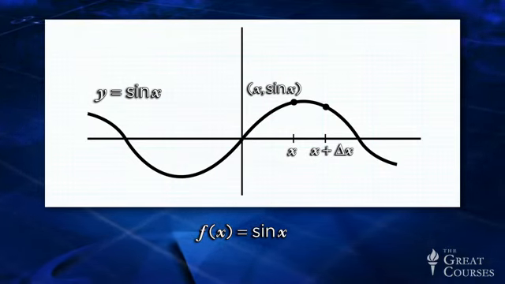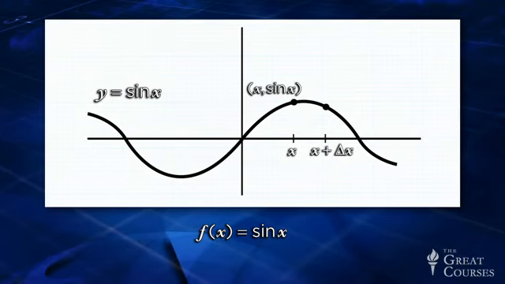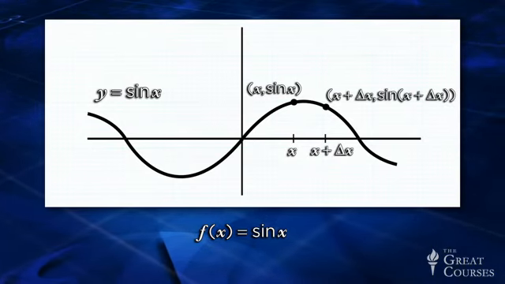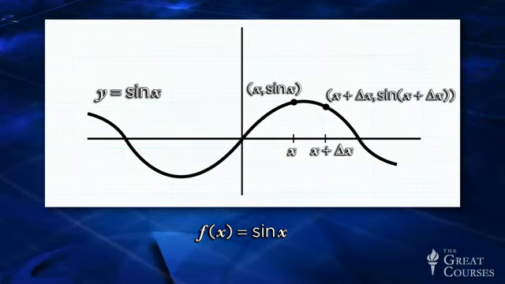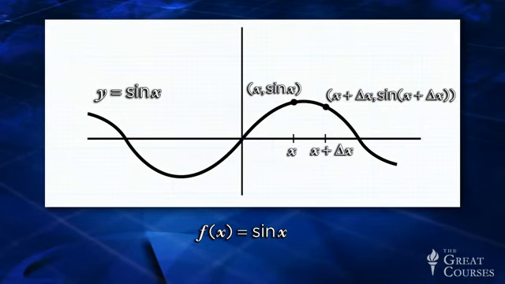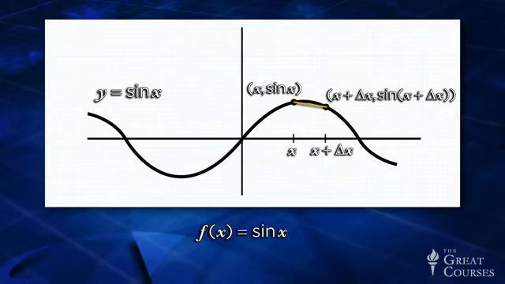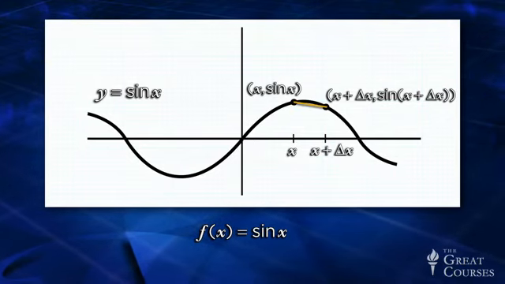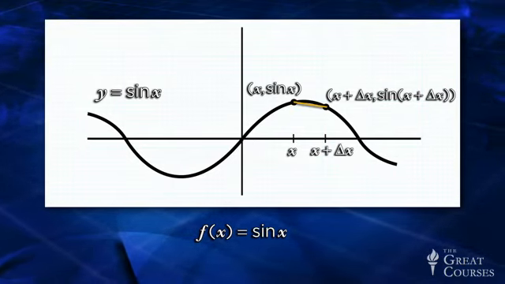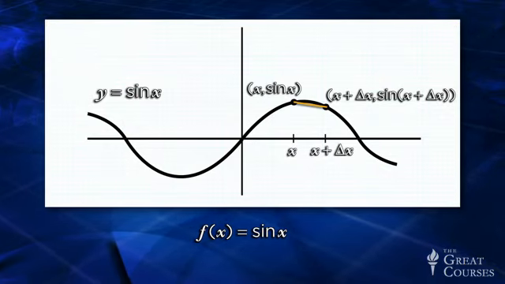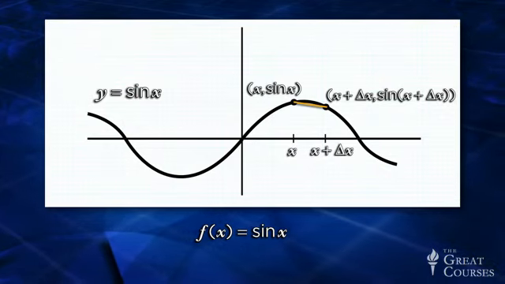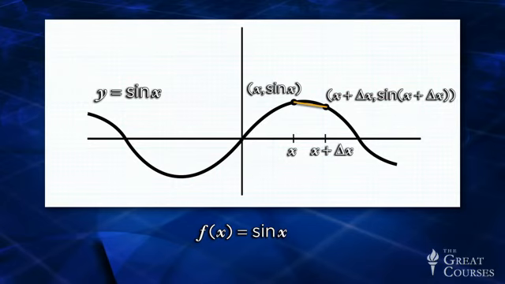Well, how could I do it? We'll take a nearby point. Let's call it x plus delta x, where delta x is a small number, and then form the difference quotient to find the slope of the line joining x, sine x and the other point on the sine curve, x plus delta x, comma, sine of x plus delta x.